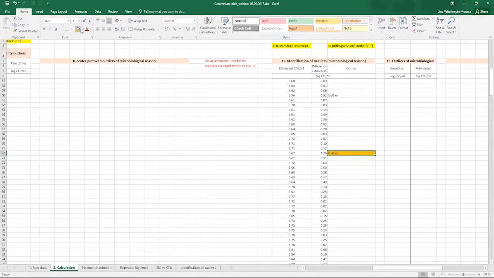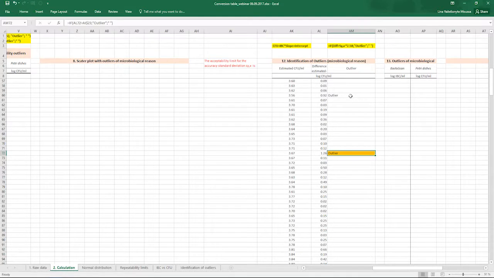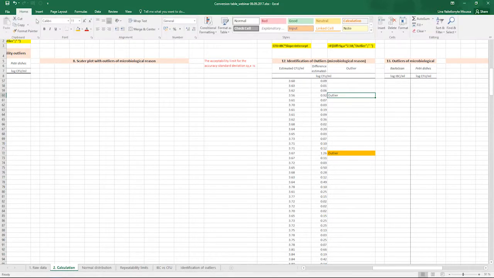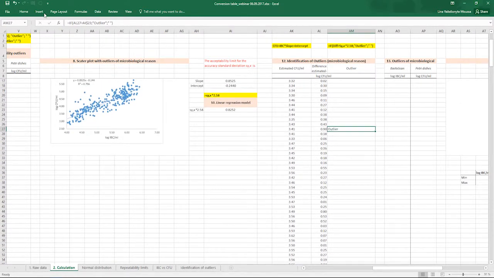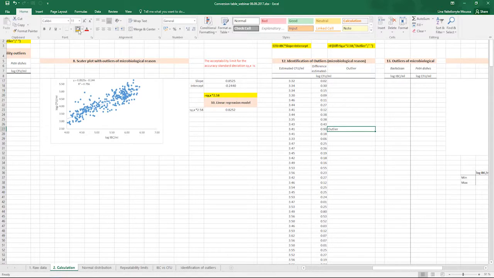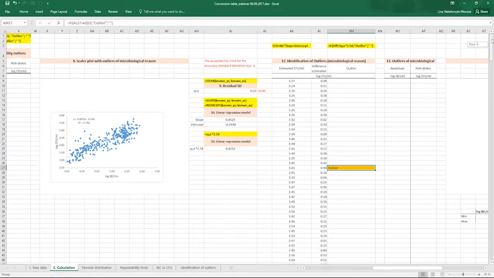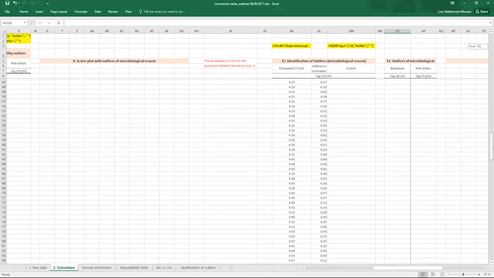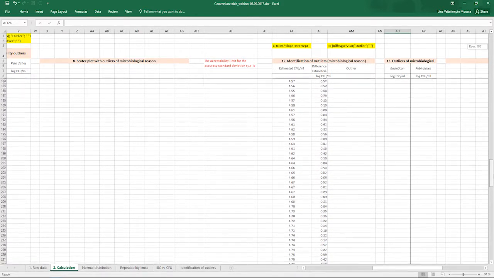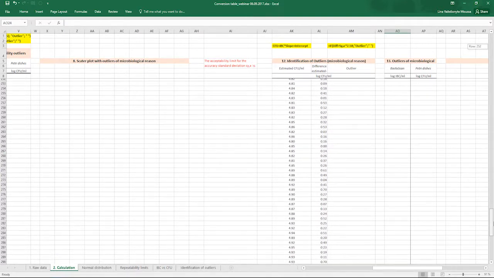One more. When we identified outliers of microbiological reason, these datasets have to be removed.